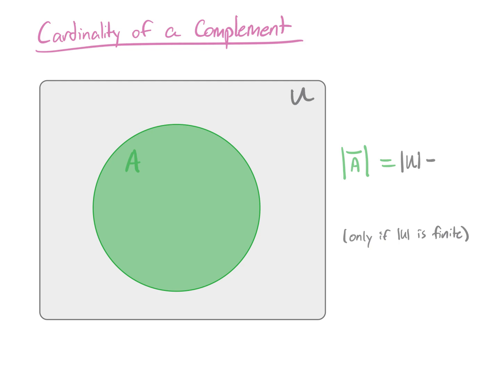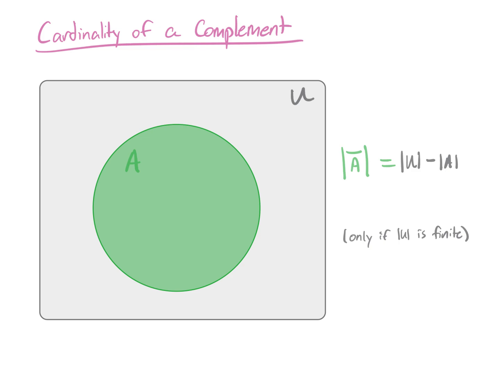How many? Well, by definition, the cardinality of A. So to find the cardinality of A complement, it's enough for me to start with the entire universe, figure out the size of that, and then subtract off everything that is inside A. Now, importantly, this only works if the universe is finite, if it has a cardinality that is a finite number.